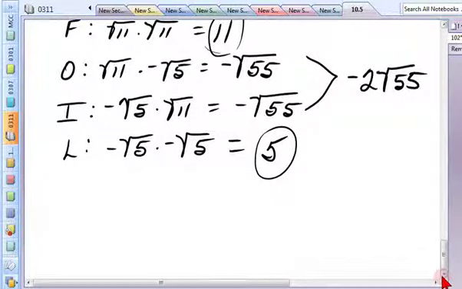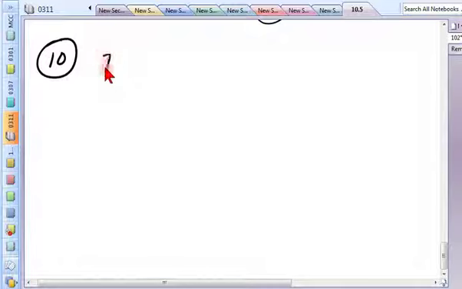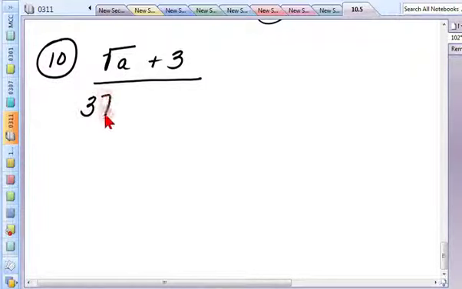What are we on? 10? I have square root of a plus 3 over 3 times the square root of a minus the square root of b. Well, there's nothing I can do to simplify or reduce before I get going.